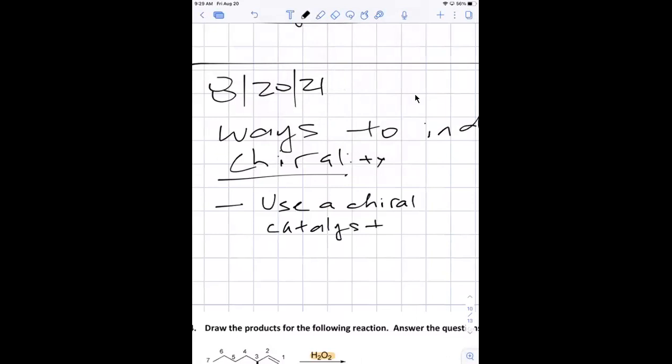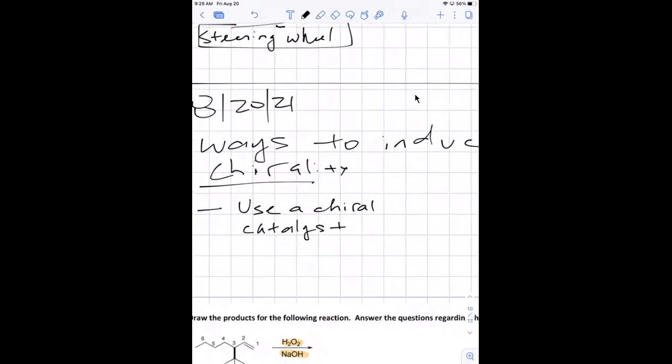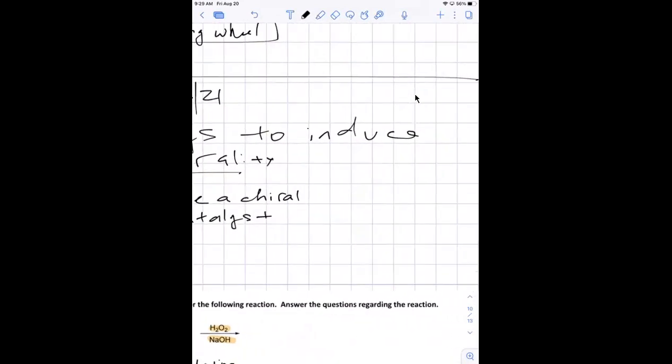Some reactions you do in the presence of a catalyst that has some chirality built into it. One example of that would be a cobalt catalyst. Let me just show you an example. You have a cobalt, and on that cobalt you'll have it coordinated to a ligand. You don't have to worry about writing all this out. I'm just showing you.